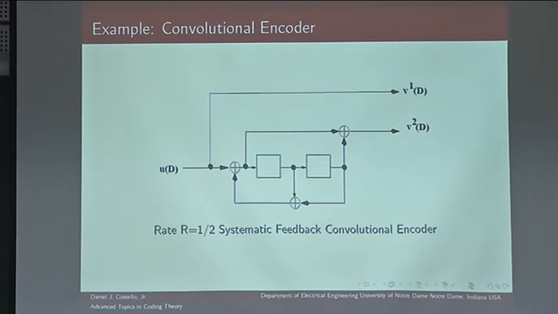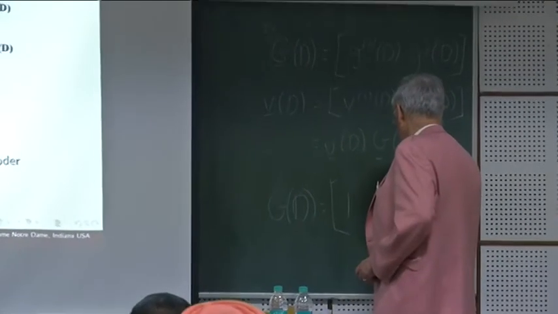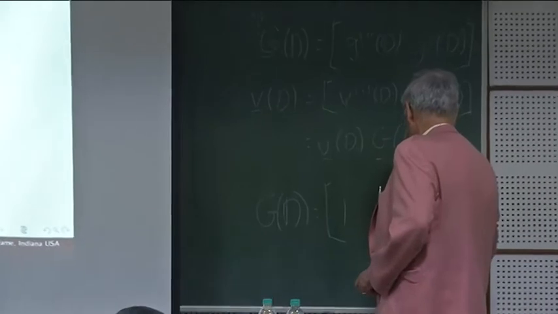So actually the generator matrix for this encoder, again, it's rate 1/2, so the first one is 1, and the second one is 1 plus D squared over 1 plus D squared.